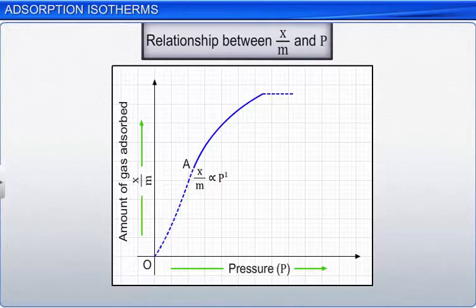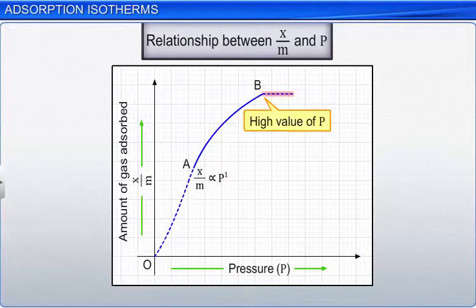Observe the curve beyond point B, that is, at a very high pressure. At a very high pressure, x by m is independent of the value of P. This is represented as x by m is proportional to P raised to the power 0.